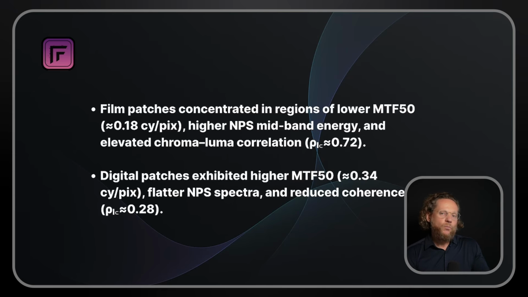But when we loaded the digital files and ran them through the same analysis, we realized these numbers were completely different. The MTF50 was much higher, which means the images were just sharper. The spectrum was very flat, because it's not noisy really. These images don't have really grain. Well, they have texture, right? But not a lot.